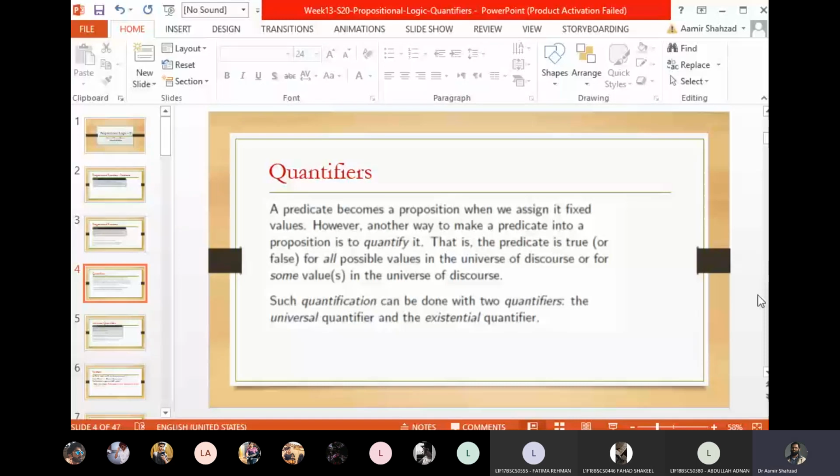So universal quantification, universal quantifier में it should be true for each and every element in our universe, in our set. जिस set के बारे में हम बात कर रहे हैं, set of elements, set of people, set of objects, जिस universe के बारे में हम बात कर रहे हैं, it should be true for each and every element of the universe.